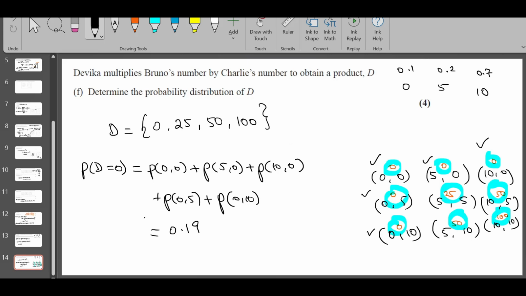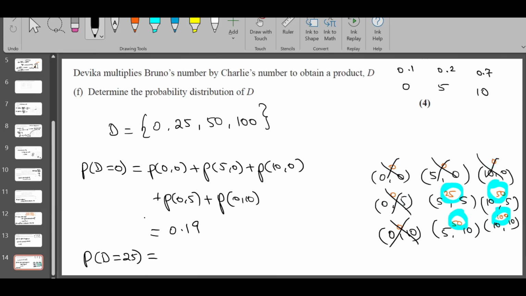The same way, you need to find P of D equal to 25. We are done with 0. Now I am taking 25, which is only one combination: P of (5,5) is 0.2 times 0.2, which is 0.04.